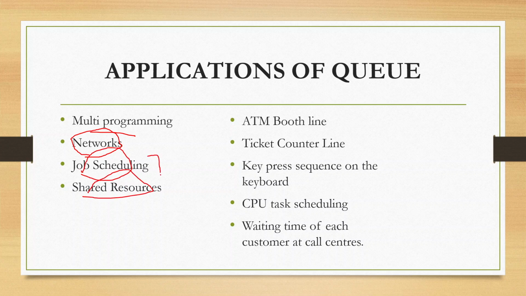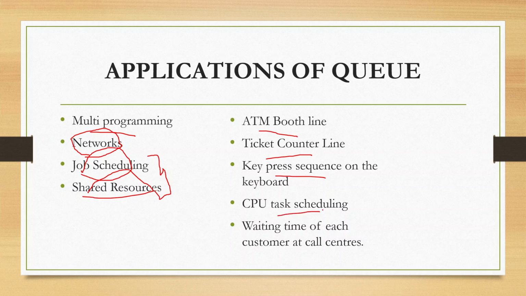Some real-time applications are the ATM booth line, the ticket counter line, and the key press sequence on the keyboard. If we press multiple keys on our keypad, the first entered key is displayed on the screen first. So here also we are using the queue data structure.